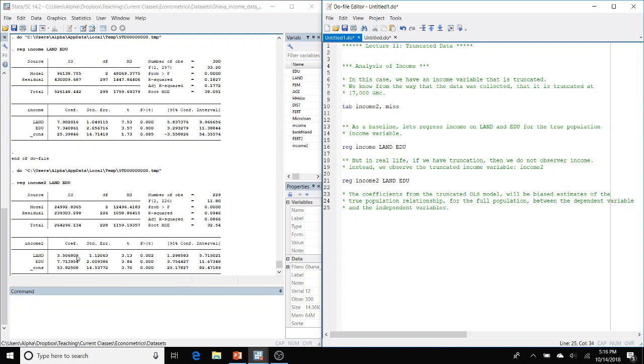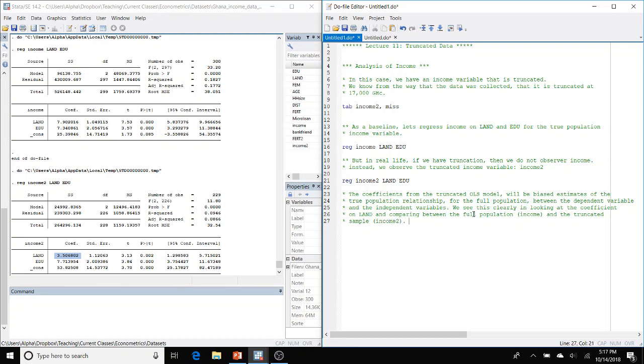We find that it's quite clearly obvious that the coefficient on land is very different in the truncated sample compared to the untruncated sample. We see this clearly in looking at the coefficient on land and comparing between the full population for the income variable and the truncated sample from the income 2 variable.